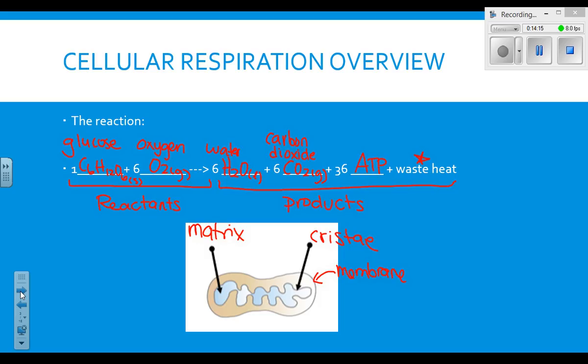So those are the main things that are reacting and being produced. And the 2 parts of the mitochondria that we would focus on, because we're going to talk about which processes happen there. Does anyone have anything they want to ask about the overall idea of cellular respiration?